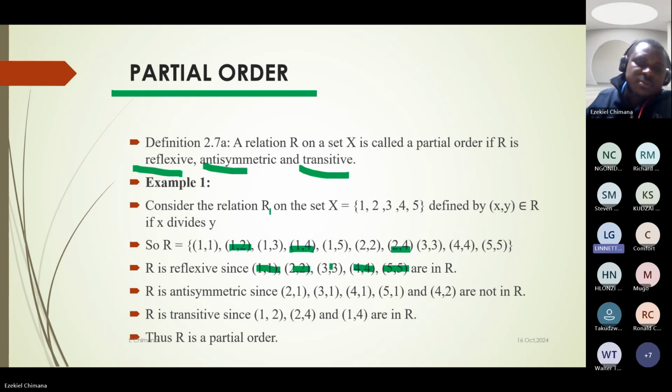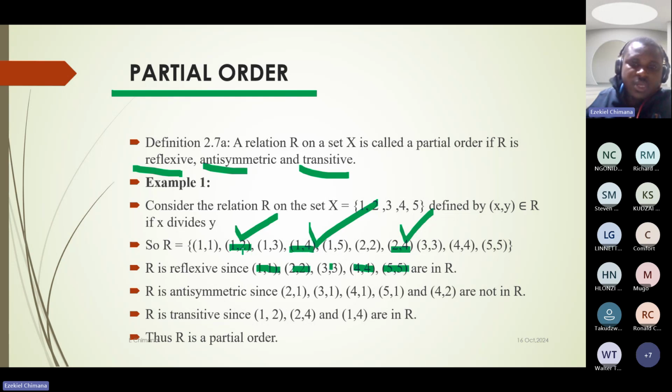No, I don't see a (4,1). So I think it's a continuation of vertices from one vertex to the next. Exactly, that's it. So you are saying whenever you are having a (1,2) and a (2, something), then 1 must be also related to that something. So we have (1,2), and then we have (2,4).